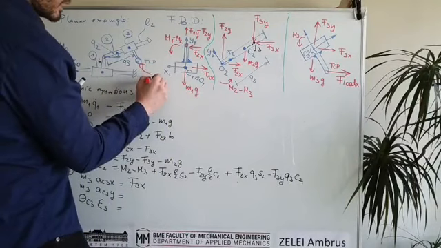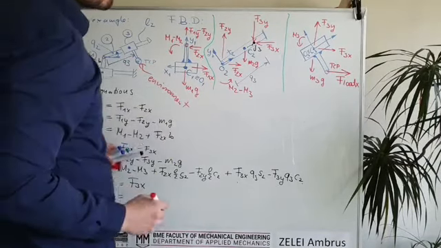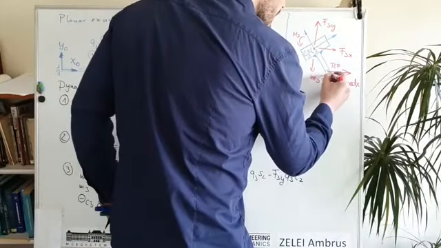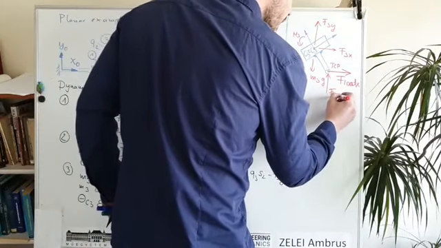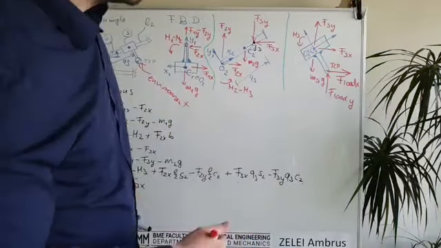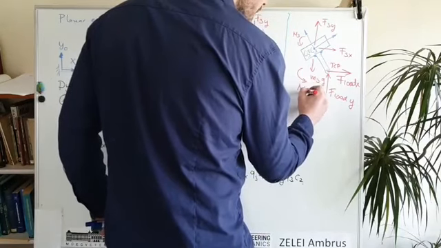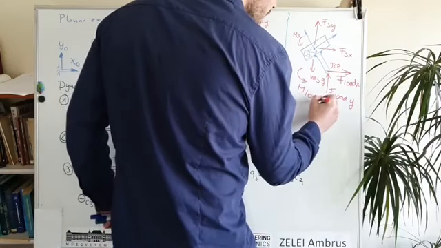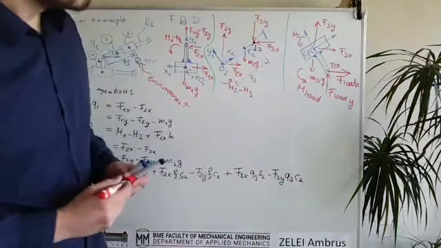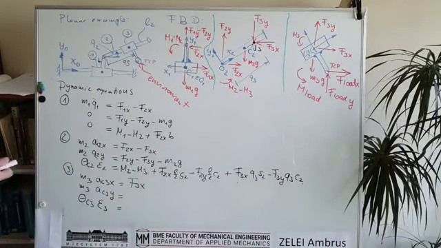Okay, so environment acts here, and we also have a vertical component, so this is F load Y, and we also can have some torque coming from the environment. So this is the torque called M load, coming from the environment.